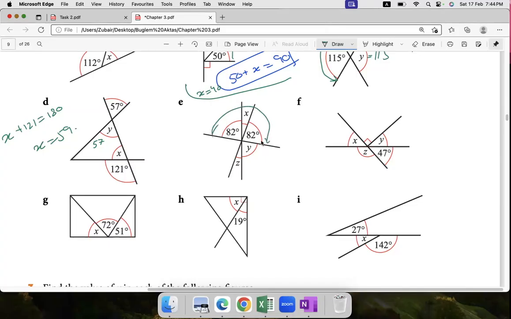So X is equal to 16. 82 plus 82 minus 180 is 16. What now? Y or z? Z is 16 anyways. And y.